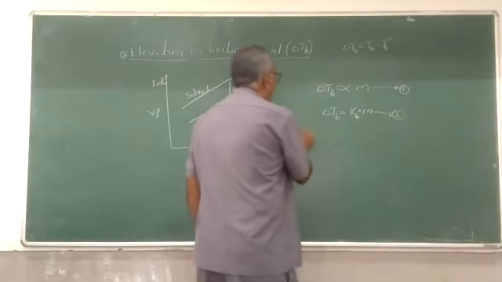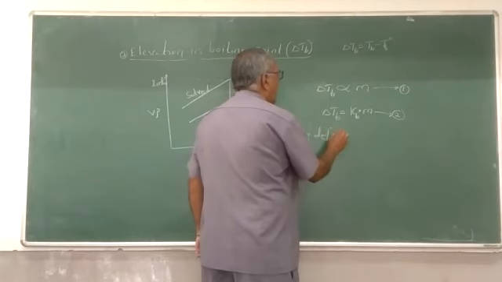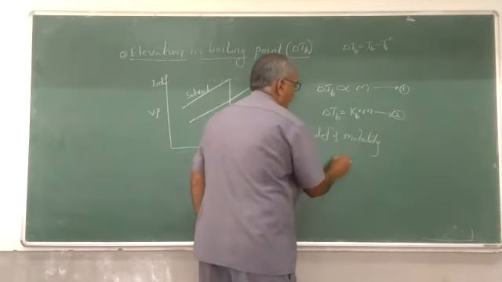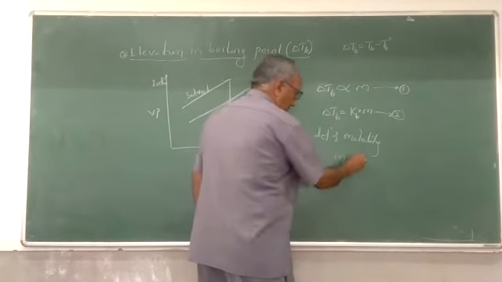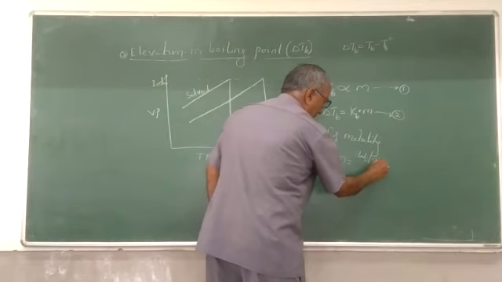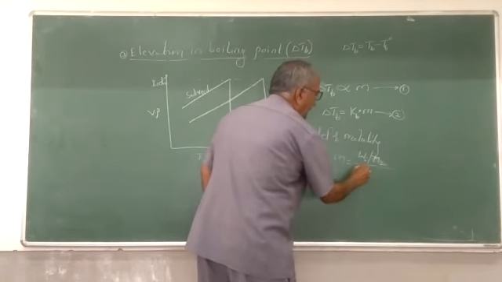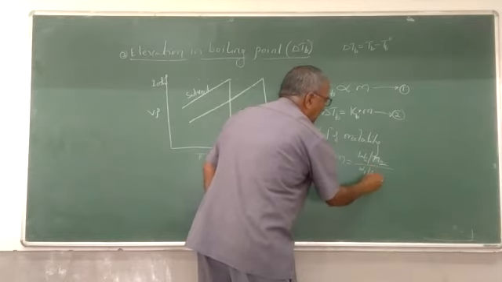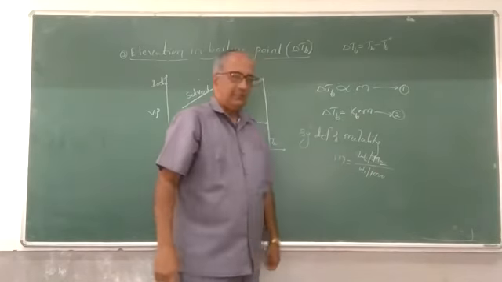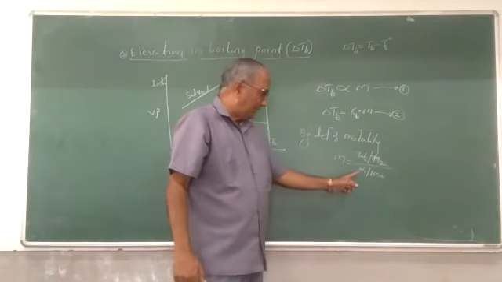So by definition of molality, m is equal to W2 divided by M2, whole divided by W1 divided by 1000, where W2 is the mass of the solute and M2 is the molecular mass of the solute.